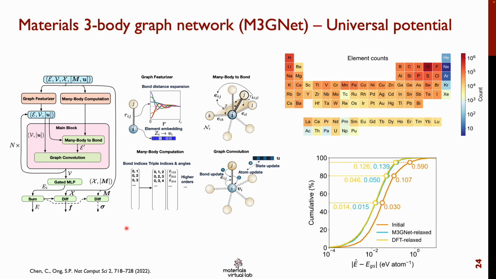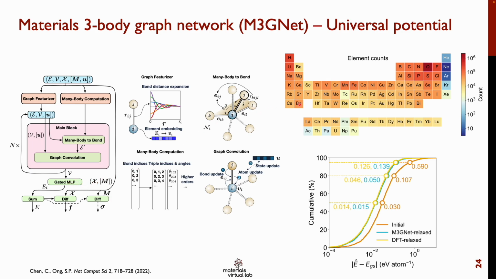This model is a material graph network model that incorporates both two-body interaction and three-body interaction into the local element descriptors, and it uses graph convolution to transfer information between bonds and nodes. Then, just similar to other MLIPs, it calculates the atomic energy and sums them to describe the potential energy of structures.